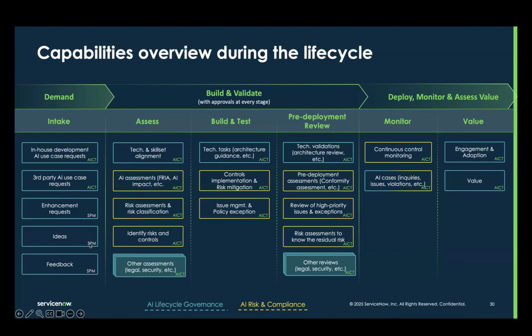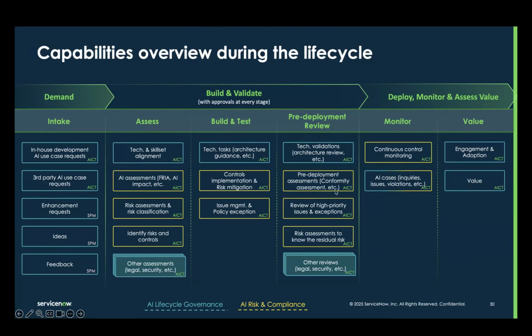Those with obviously SPM are not part of the AICT SKU, but those features are available to customers who have SPM in their instance. So for example, intake tasks are shared by IRM and SPM at the platform level, while AI and risk assessments and risk and control identification, issue management, continuous monitoring are handled by the IRM workflows.